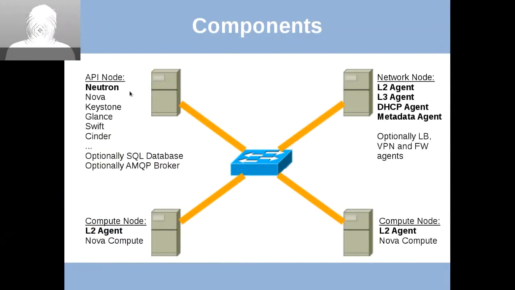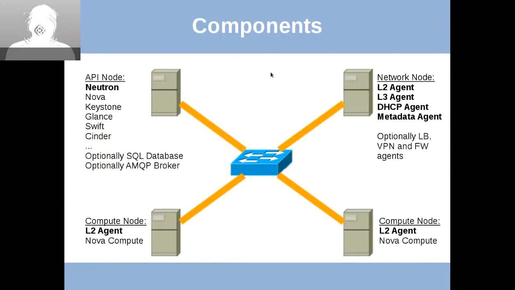The Neutron service itself here in the top left would be located on the API node, and it's basically receiving different API calls, create network, delete network, create router, delete router, and so on. It persists that data in the database, right? And then using the messaging broker, it basically forwards or sends out notifications to the different agents residing in different machines.